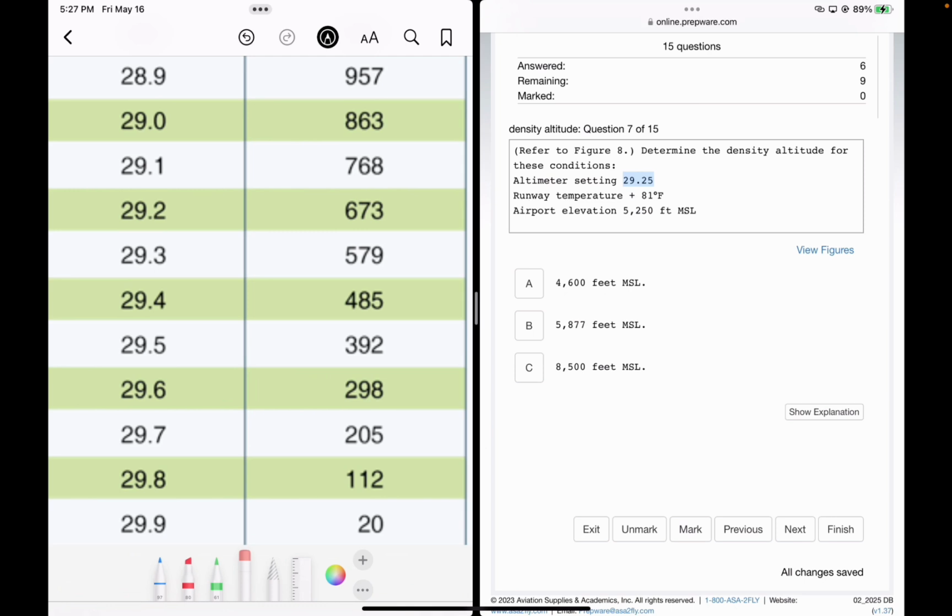So I did some quick math. I found out the pressure altitude is 5,920.